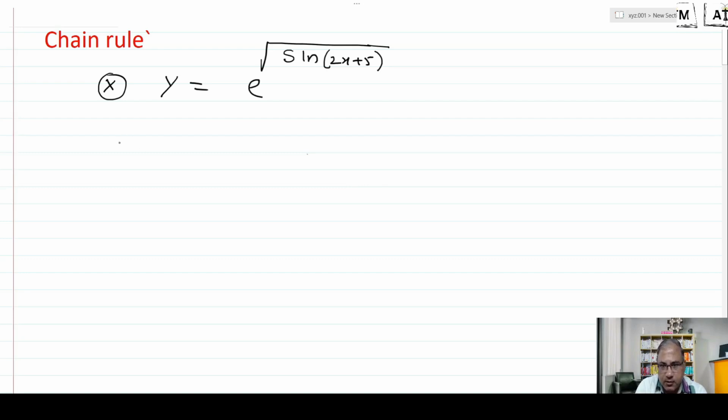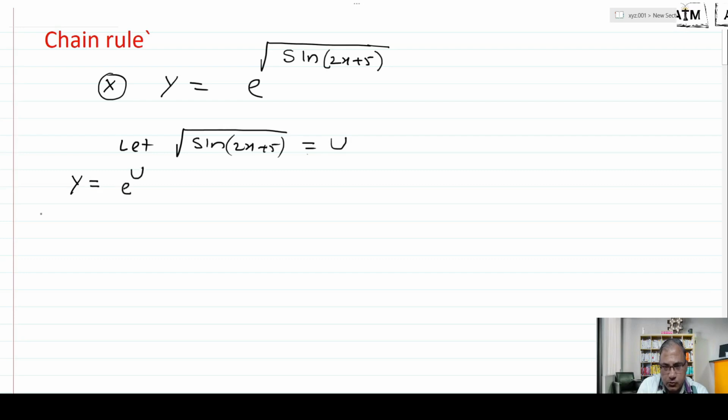So first of all, let under root of sine 2x plus 5 equal u. Therefore, it becomes y equals e raised to u.